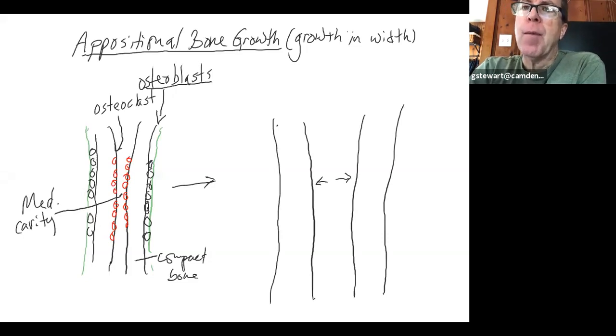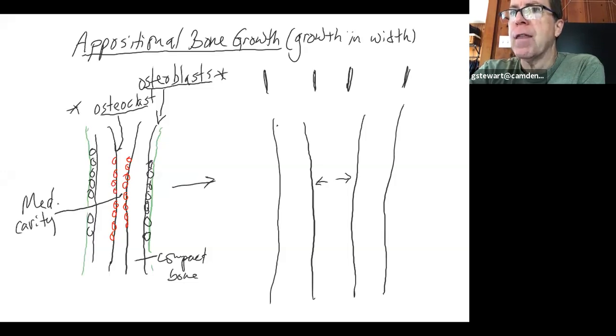Now, typically in appositional growth, the osteoblast activity outpaces osteoclast activity, so that, yes, as the bone thickens in width, the medullary cavity gets bigger, but bone tissue gets more thick than the medullary cavity, if that makes sense.